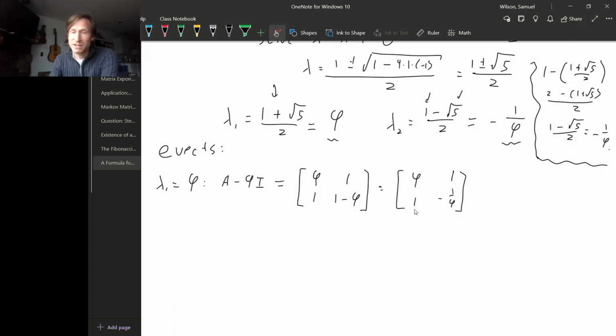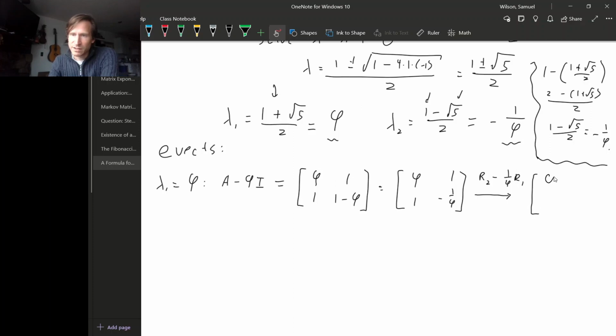Okay, now remember, we're finding the null space of this matrix, so let's row reduce it. Let's take row 2 and subtract 1 over phi times row 1.